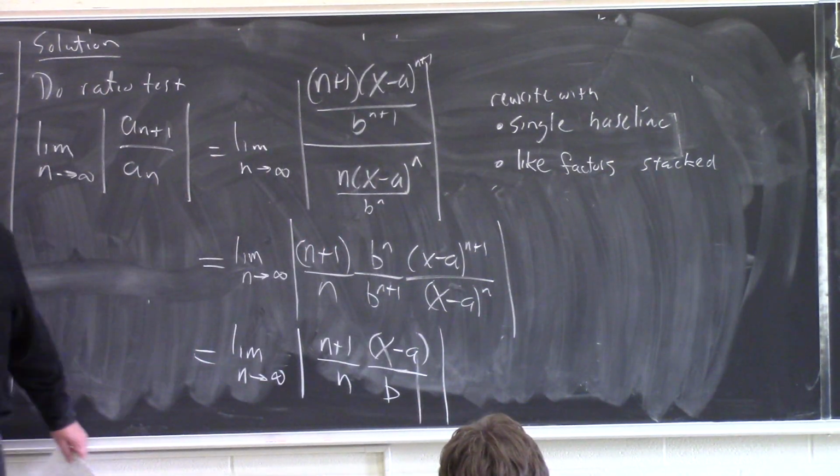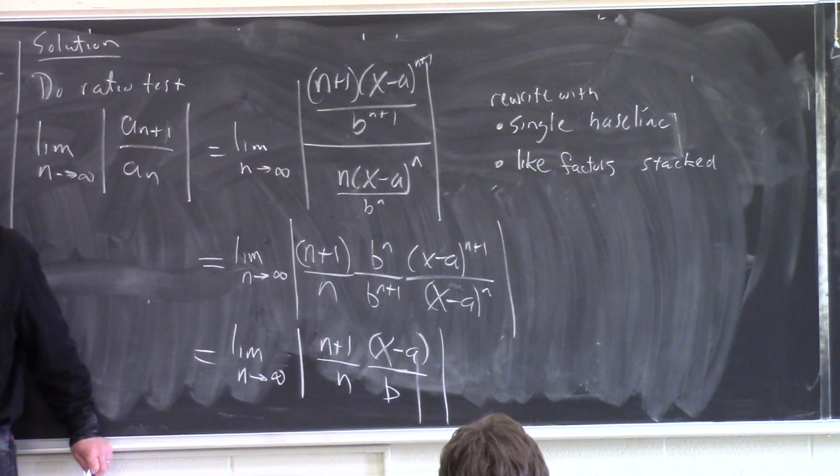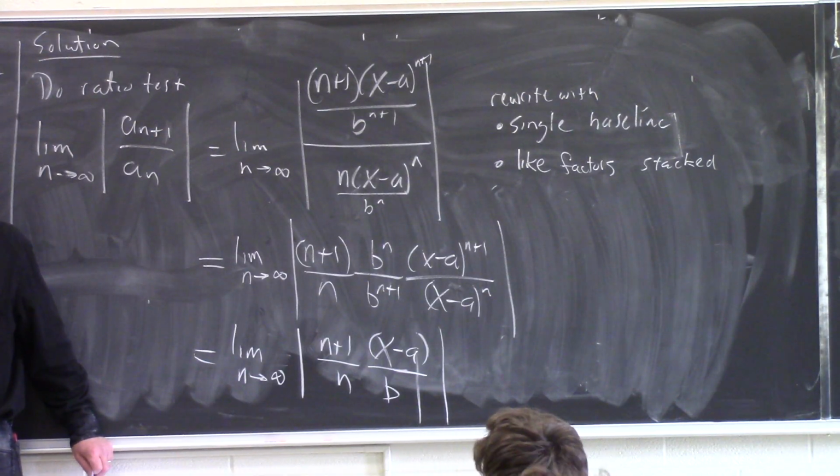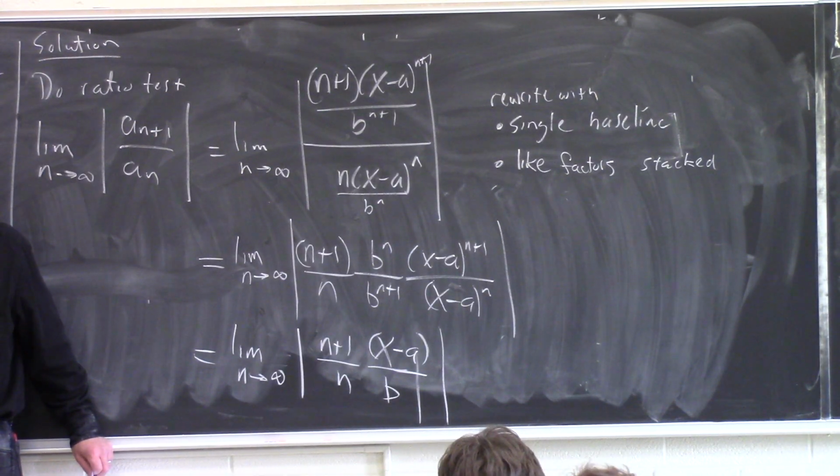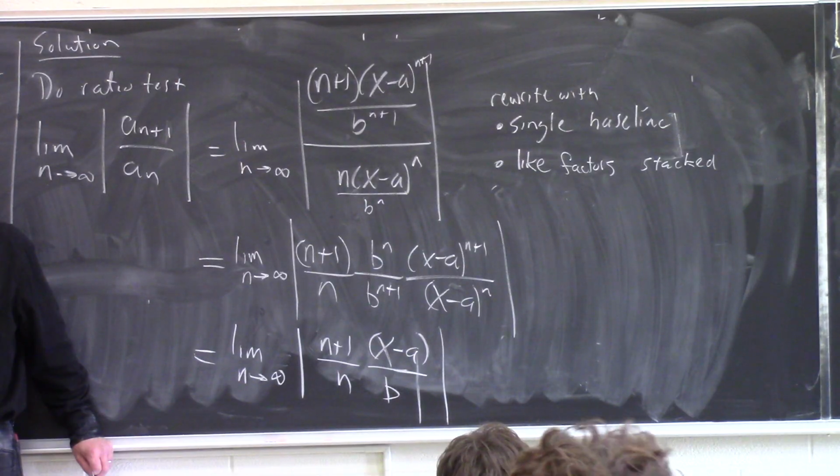All right, now, raise your hand if you can tell me what I can do now. Kenzie? You pull out the (x minus a) over b. So the (x minus a) over b does not depend on n. So it seems like we can pull it out.